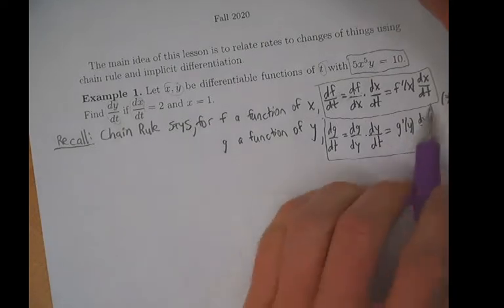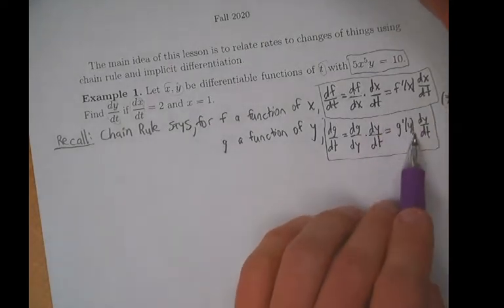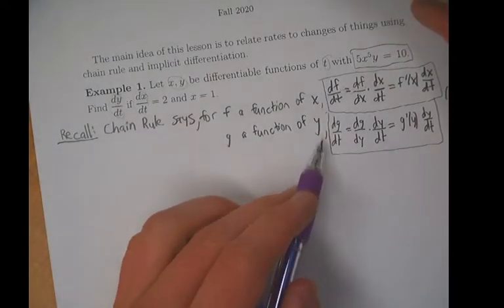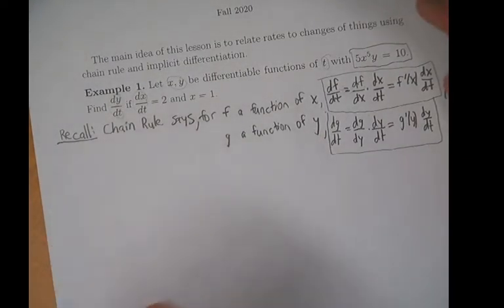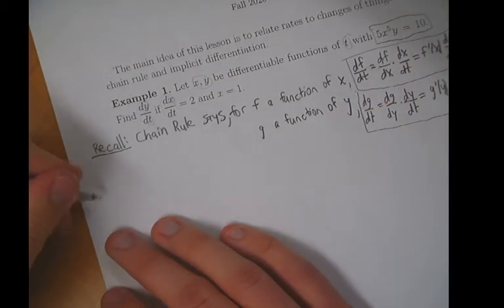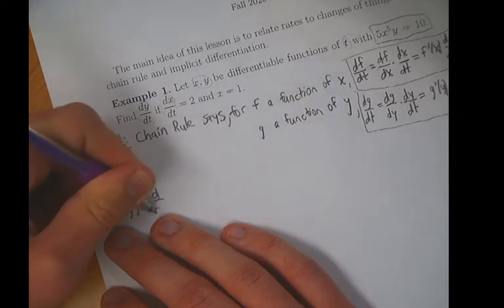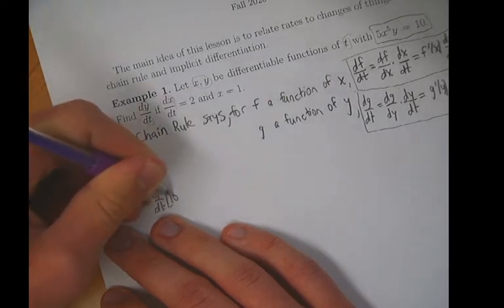If we use our asterisk rules given here, since both x and y are in terms of t, we should probably use implicit differentiation, except with t as our differentiation variable. So, d/dt of 5x to the fifth times y equals d/dt of 10.